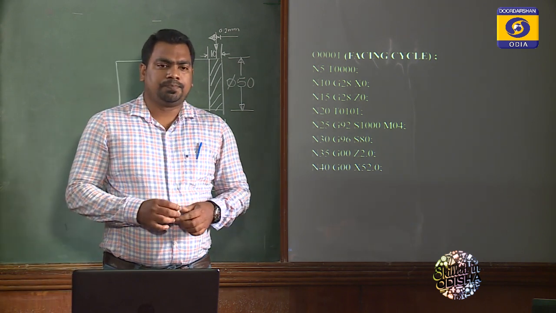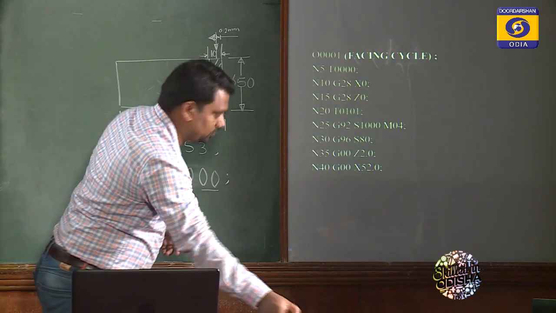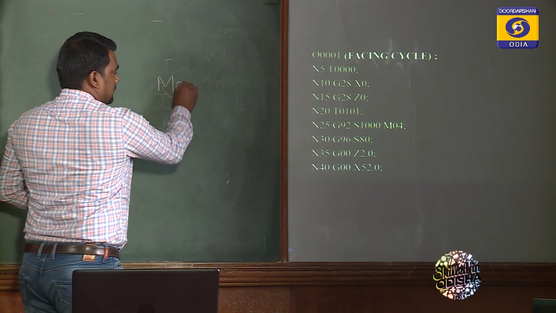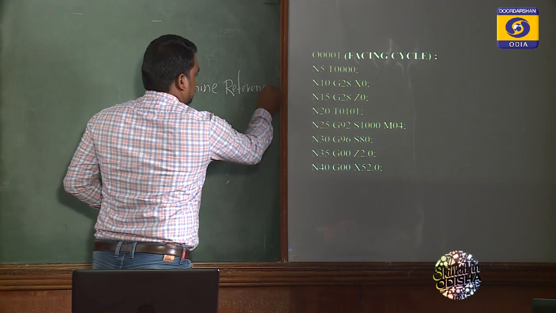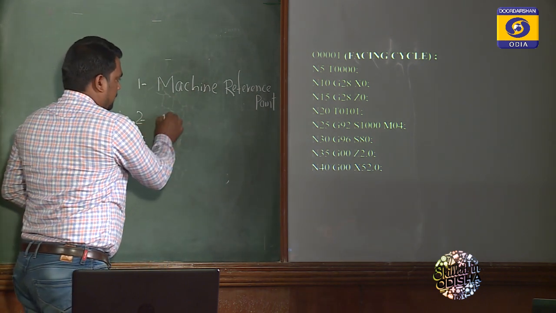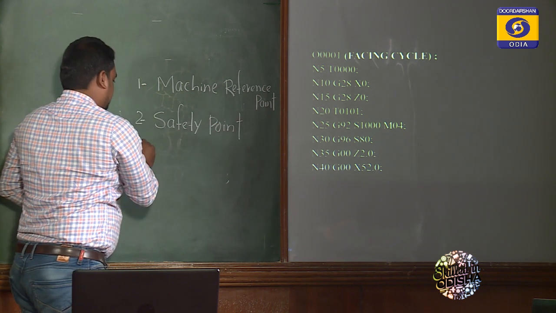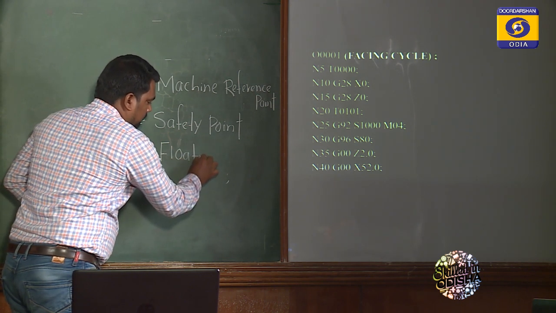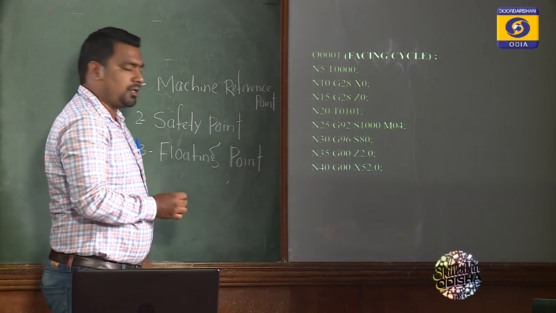Initially we have defined that we deal with three reference positions: one is the machine reference point, the second one is the safety point, and the third one is the floating point. This floating point is also known as part 0 point.